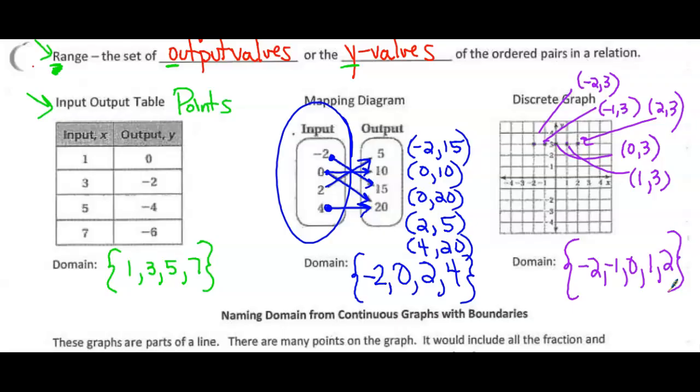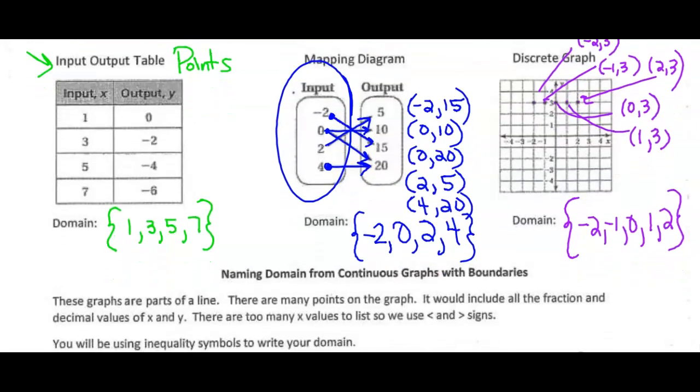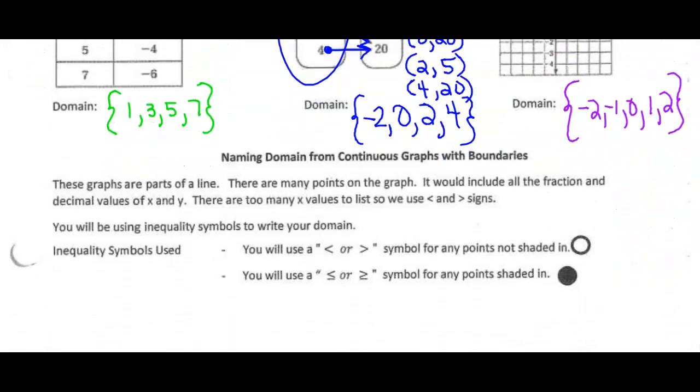Now those were about tables, maps, and discrete graphs. So it's going to change a little bit as we continue to go. So we're going to start on the back here in a minute about continuous graphs, but they're going to have boundaries, and it may not make any sense to you yet. It says graphs are parts of a line, and there are many points on the graph.